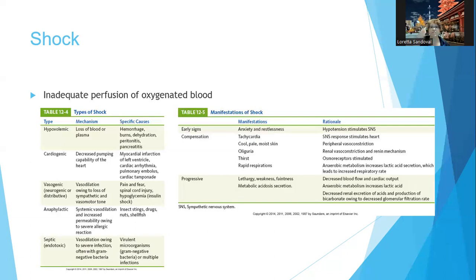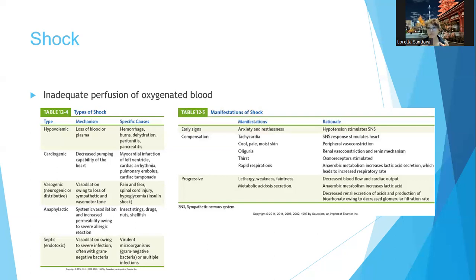We compensate for the manifestations of shock with tachycardia, so increasing the heart rate to get more output. Cool, pale, moist skin, because the sympathetic nervous system is going to divert the blood from the periphery into the central organs where they're more needed. Oliguria, which is the reduction of the production of urine.